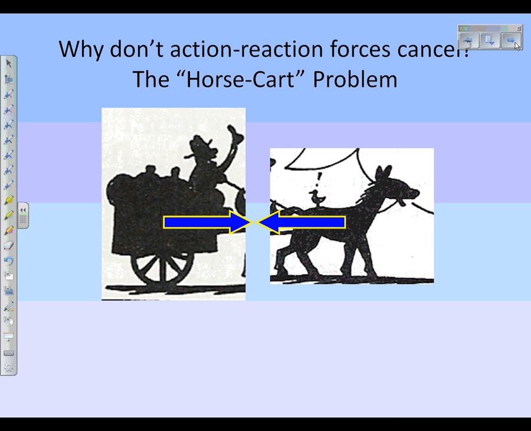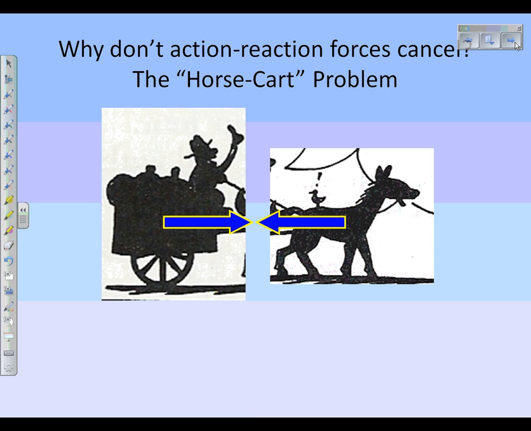Now, the horse could make another case in this problem. If we look at this in isolation, just those forces, what would happen in this case? What would be the end result of this situation as drawn up on the board? The horse runs where? Somewhere in the middle between where they started.